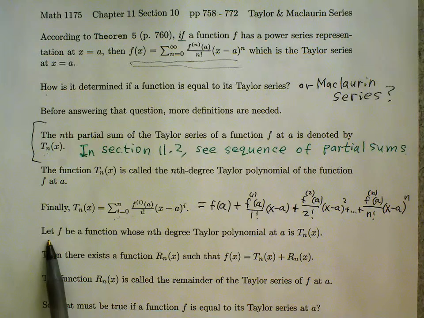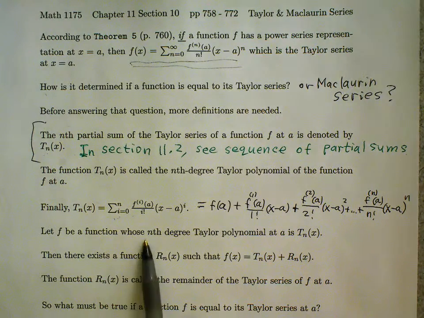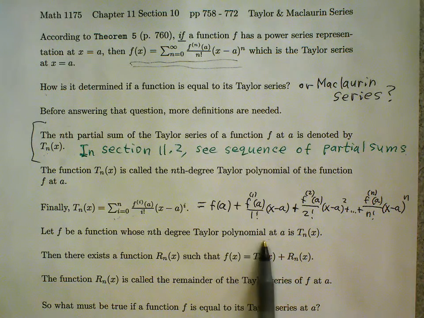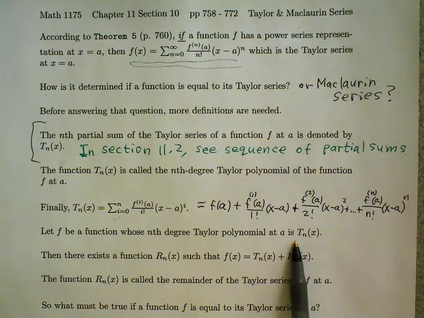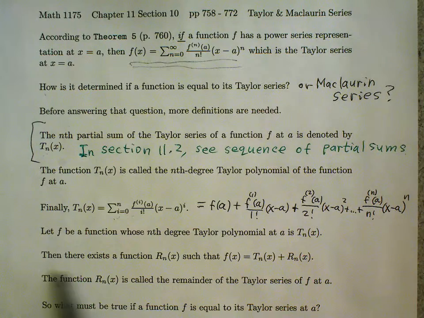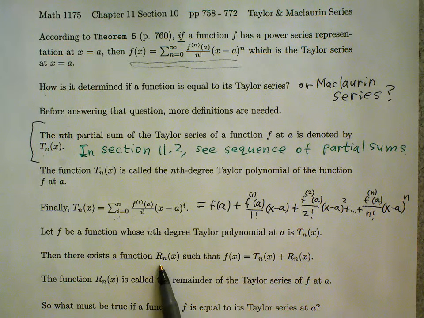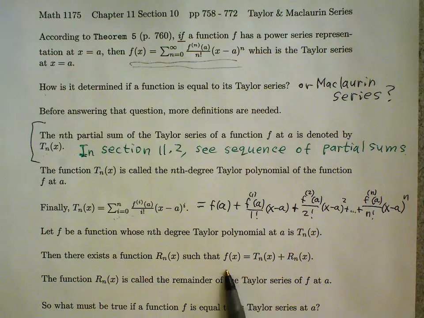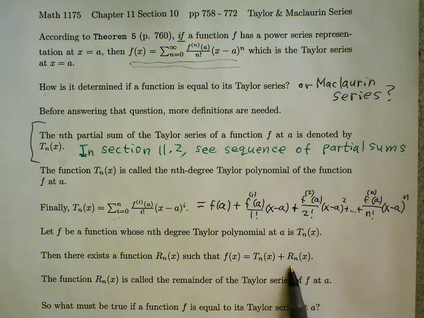Okay, now let f be a function whose nth degree Taylor polynomial at a is t sub n of x as defined above. Then there exists a function capital R sub n of x such that f of x is equal to t sub n of x plus R sub n of x.